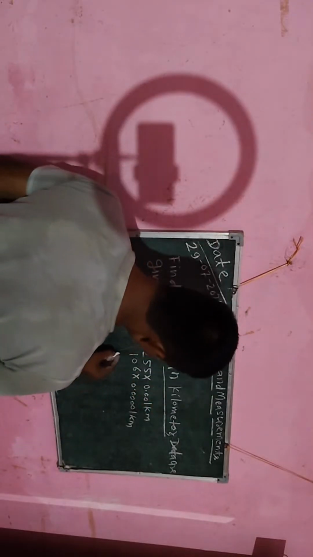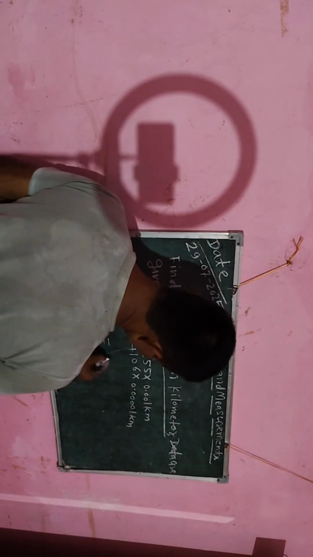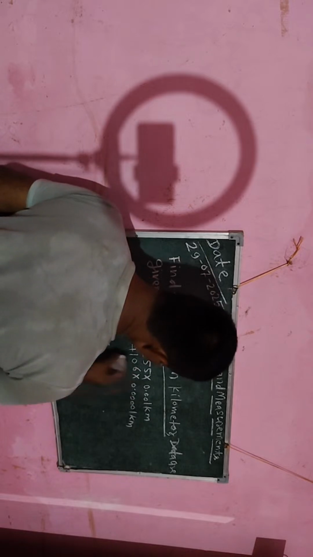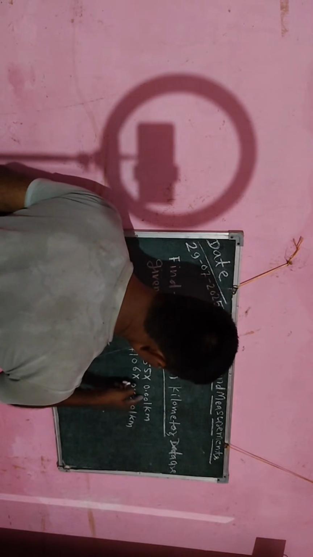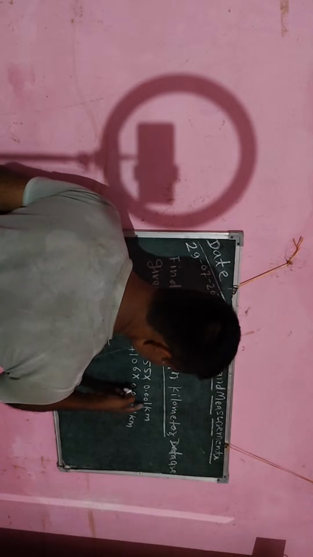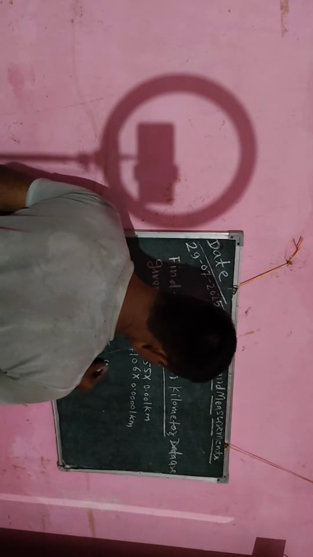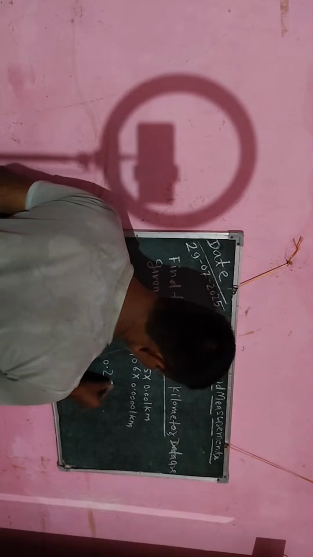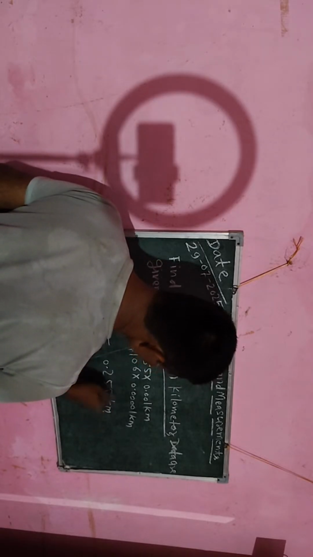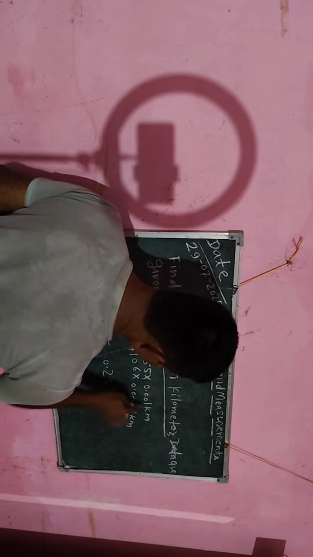So here I have to take its sum. First of all I will solve it. After 3 digits the decimal point, so I will write like this, 2.55, this is in kilometer, and here I will say it has 1 2 3, 1 2 3.